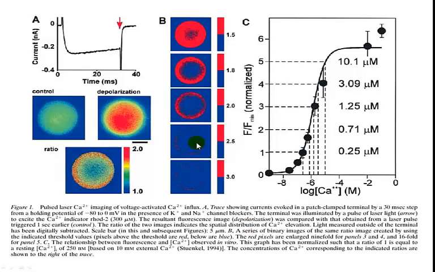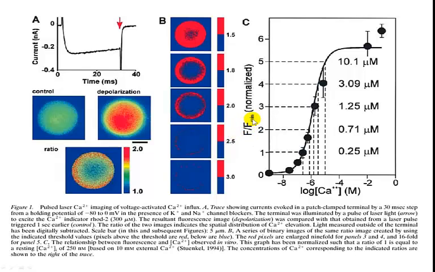Okay, and then in panel B, a series of binary images of the same ratio image created by using the indicated threshold values. And we're just going up through, and we see as you change these threshold values, then you get more and more calcium coming in. And what they can do over here on the right is they do a standard curve, right?